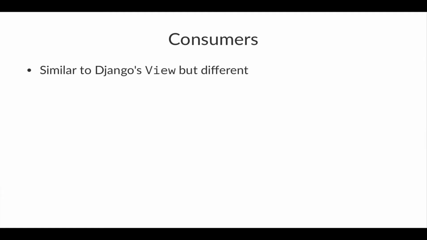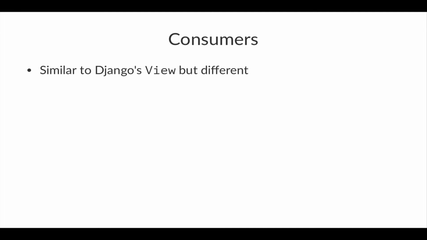Django Channels has two main abstractions that I'm going to be talking about today on how you actually use the WebSocket stuff. And the first one is called consumers. And so consumers consume channels, right? It's basically in the name. So I like to think of them kind of like a Django view.